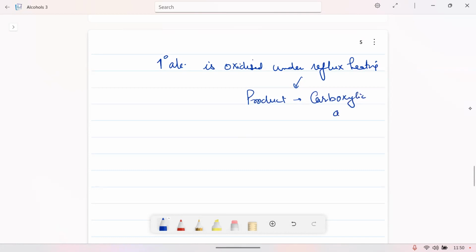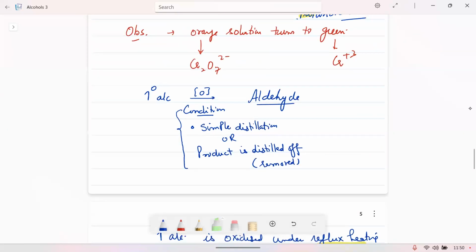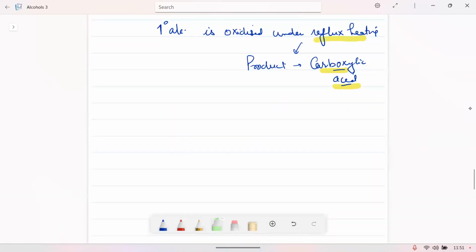So you need to be careful what the examiner is saying in terms of condition. If it is reflux heating, then it is carboxylic acid. And if it is simple distillation or the product is distilled off, then your answer will be aldehyde. Now, how and why does this happen? Let's understand this.